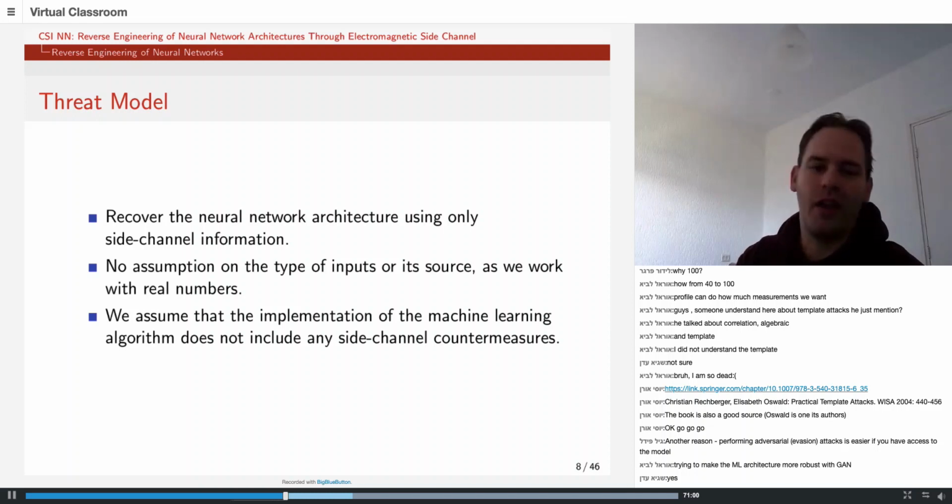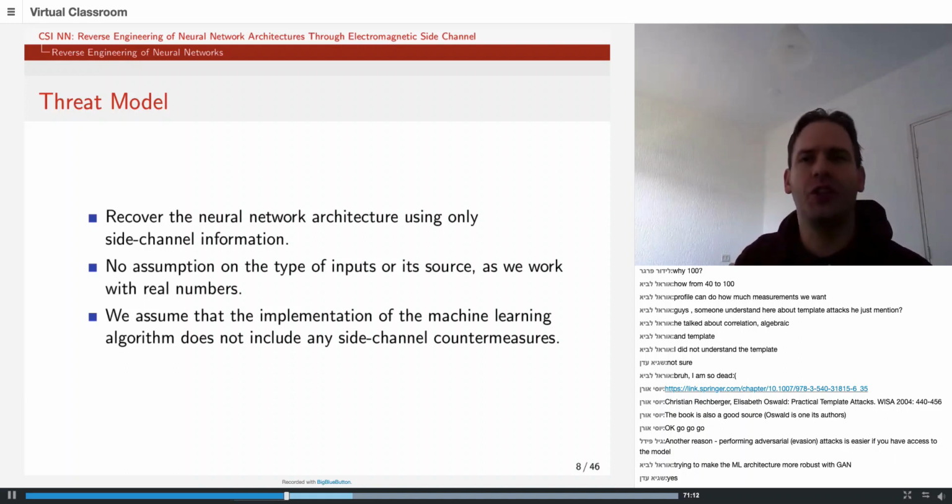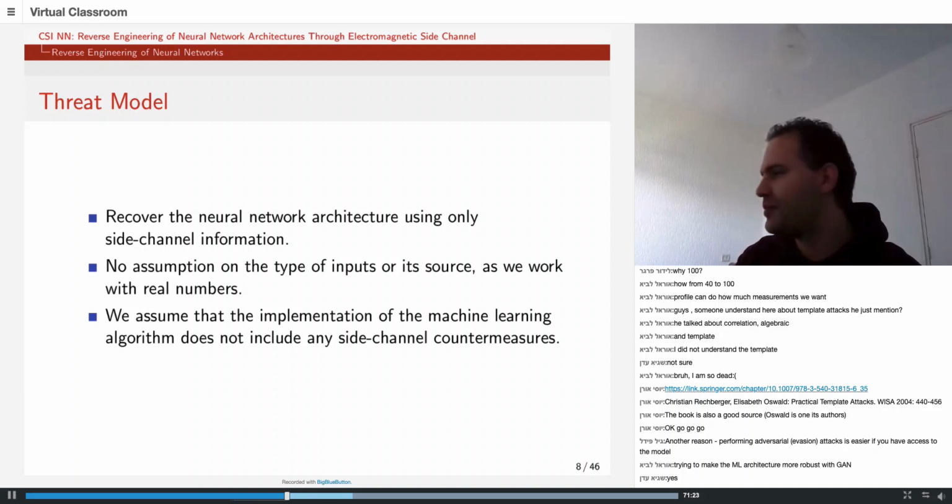We do not care what kind of data you put into the neural network. Someone may say my neural network works only with integers, someone else may say it works only with single precision floating points. Here, we do not care, because we handle all possible inputs, since we say they are all real numbers.